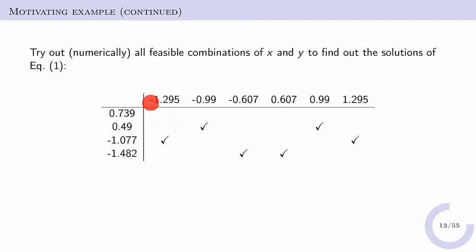But if we check this one for x and this one for y, with expected accuracy, we arrive at 0, so this is one of the solutions. And so on and so on. We try all the possible pairs, and we identify which of these pairs are the solutions. And this way we have quite a high accuracy, because we approximate the roots independently in x and y.